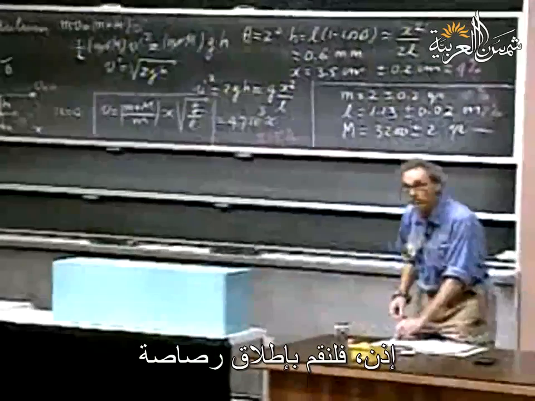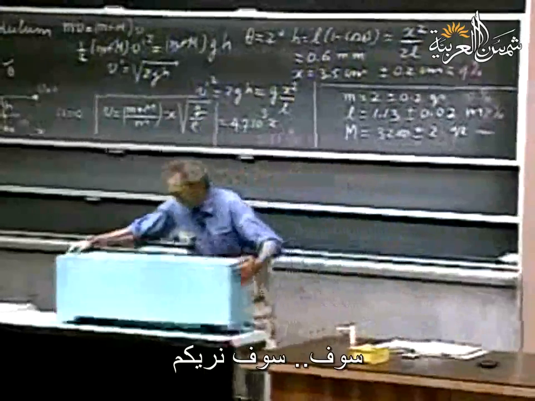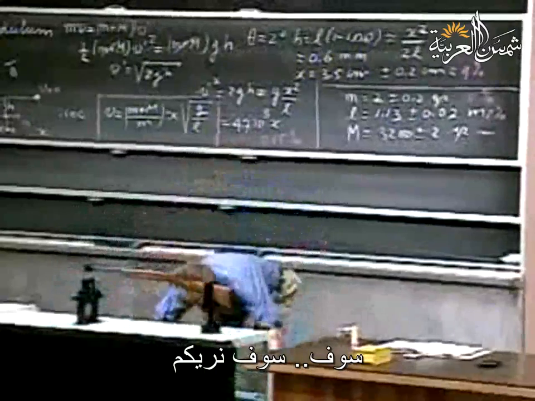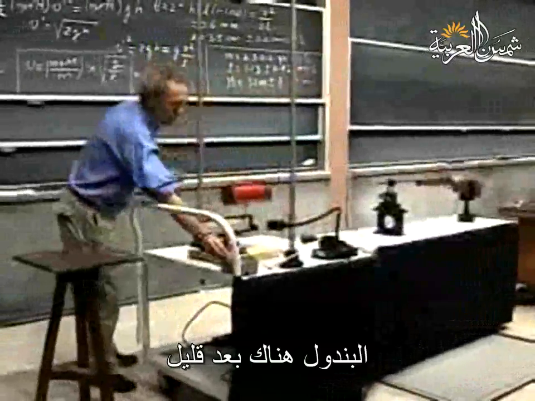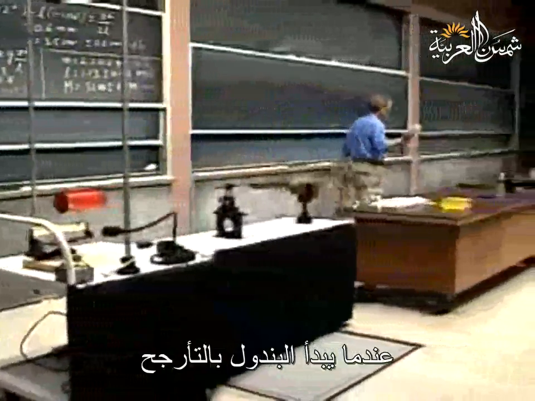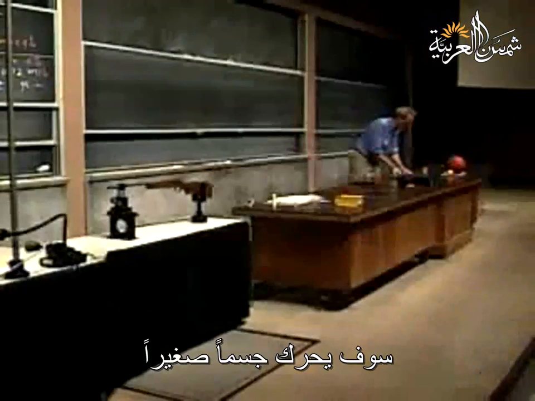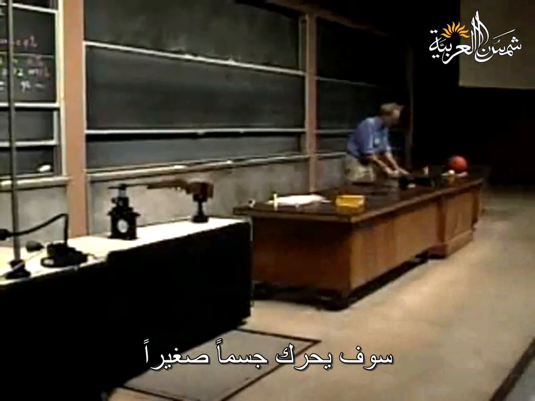So let's give it a shot. No pun implied. And we can make you see the pendulum right there very shortly. And it is very cleverly designed. When the pendulum starts to swing, it's going to move a small object.